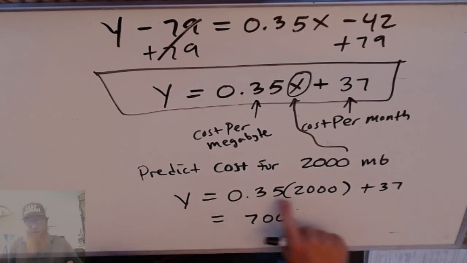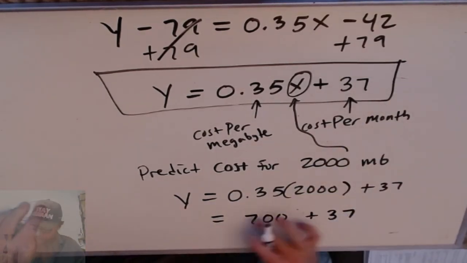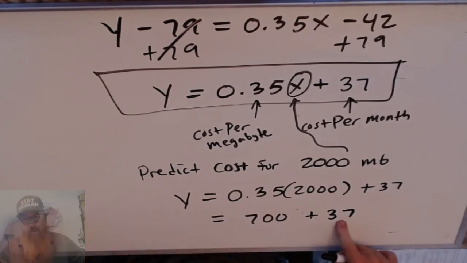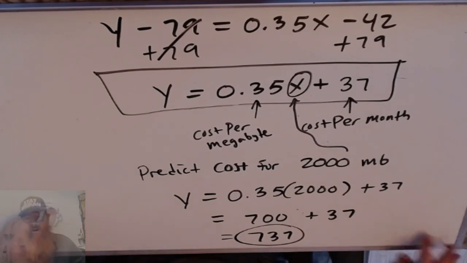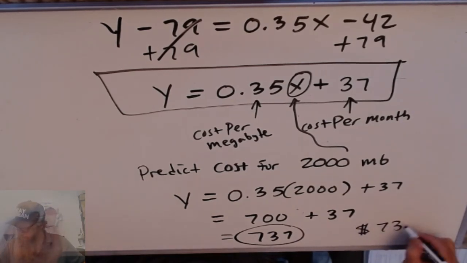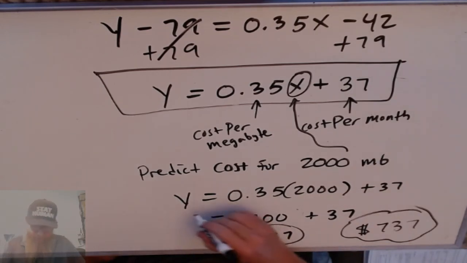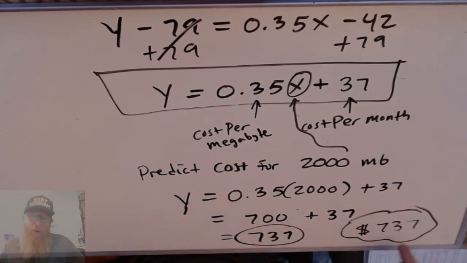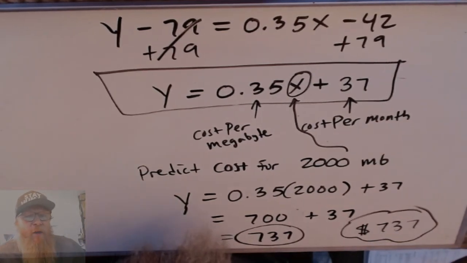Yep, 35 cents times 2,000 is $700, plus your $37 monthly fee, $737. That's how much your monthly bill is. I would be pissed if I found out that my monthly bill was $737, but that's why you buy the unlimited plan, I guess.